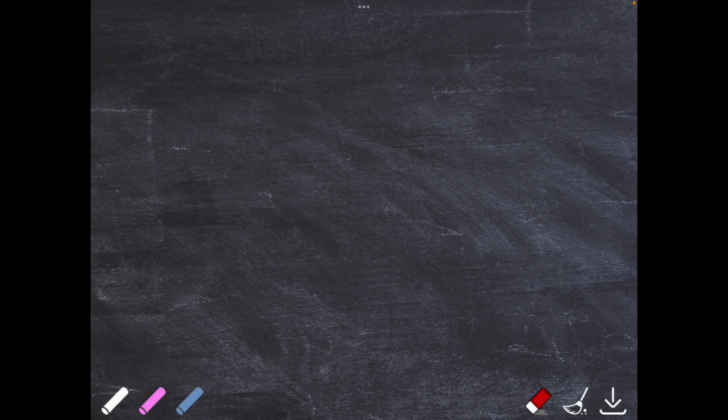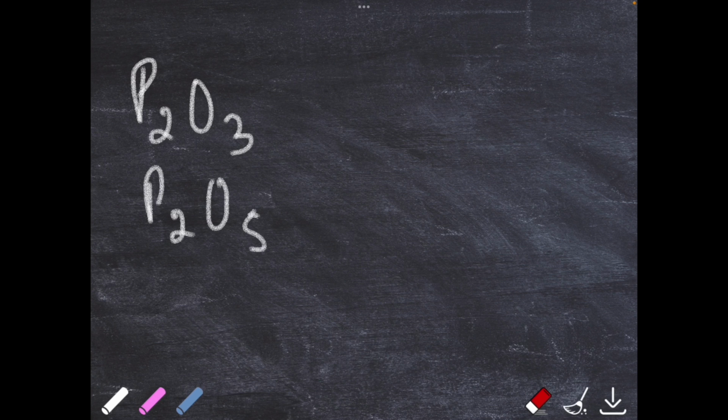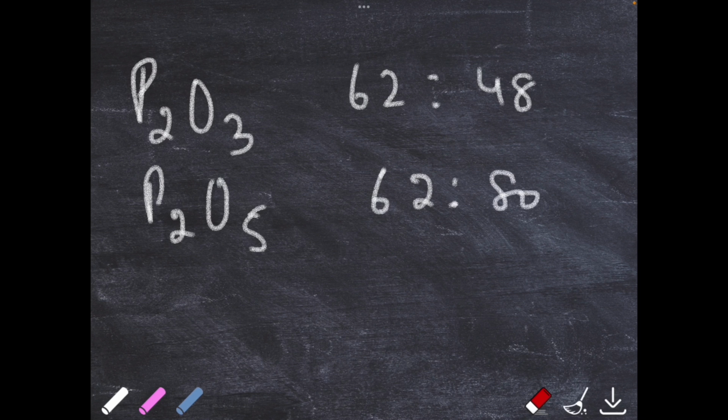One more example, let's say P2O3 and P2O5. Here phosphorus is 31 multiplied by 2, that is 62, and oxygen is 16 multiplied by 3, that is 48. Here you have 62:80. Of course, the amount of phosphorus is the same in both of these.